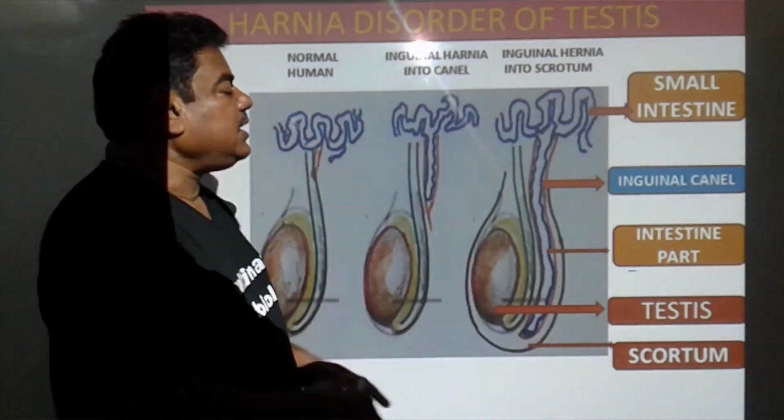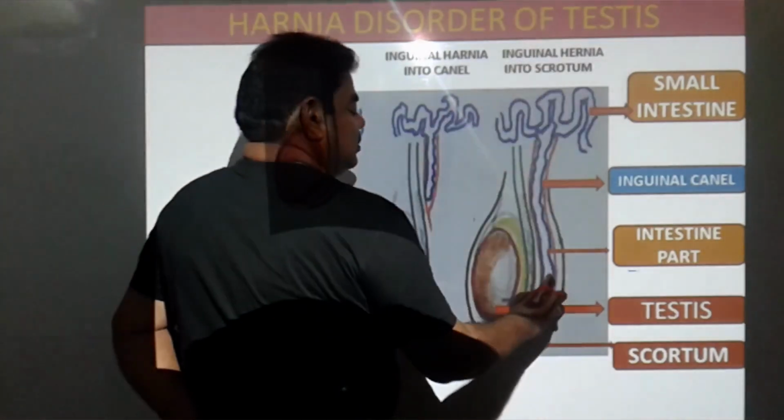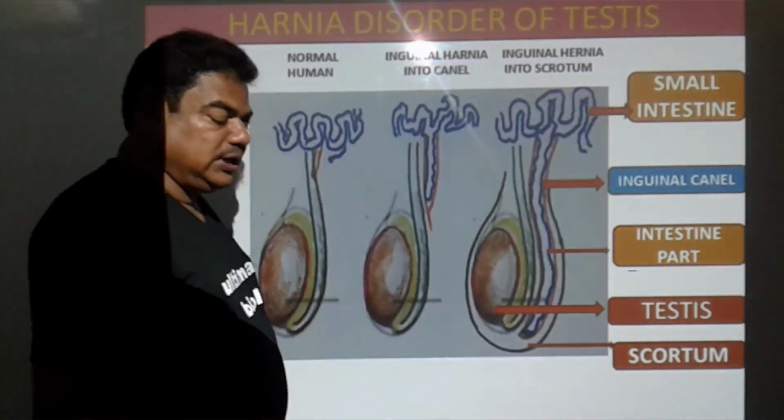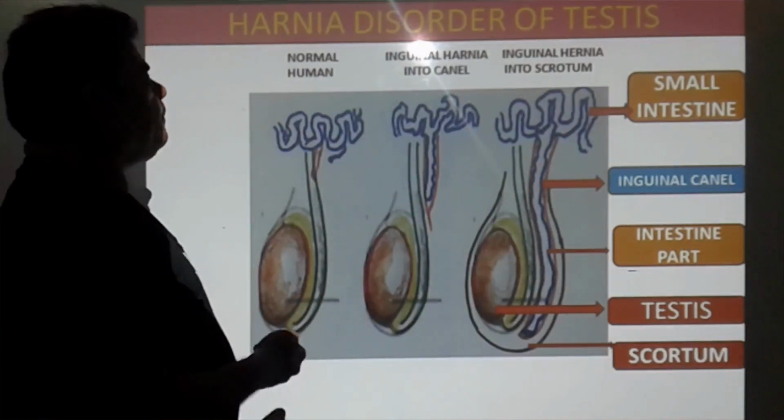So an operation is needed. In the operation they cut here and pull the small intestine back to its original position. This is the disorder we call a hernia.